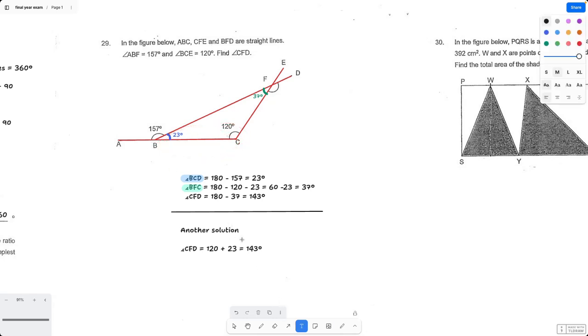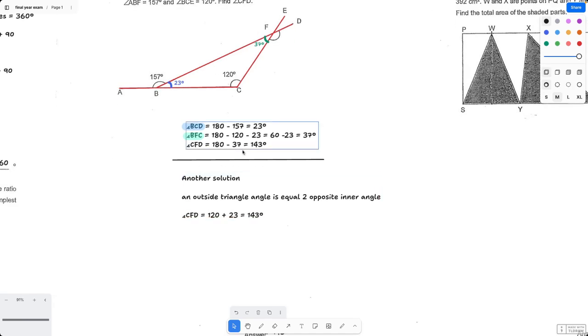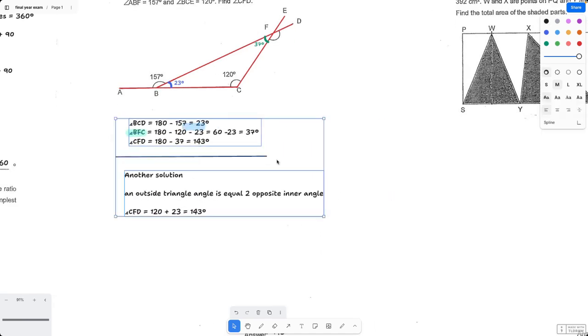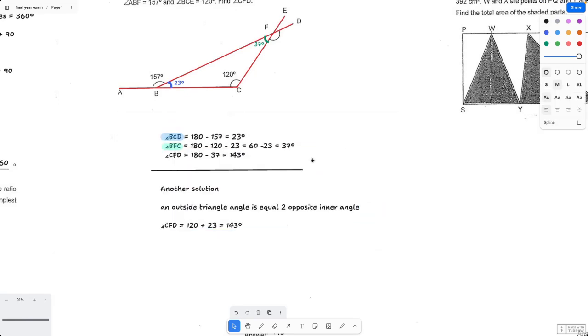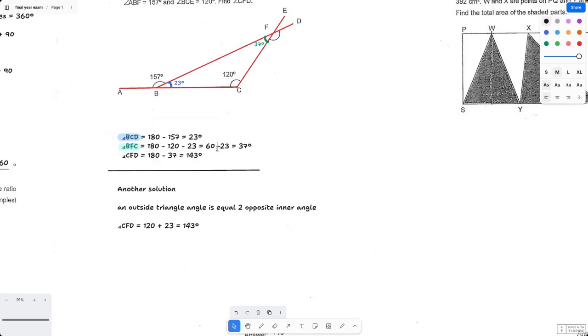So I'm going to write it down: an outside triangle angle is equal to the two opposite inner angles. That's math for you. It's a very interesting thing you can do, but I recommend doing the first method. This one is just a bit more big brain.